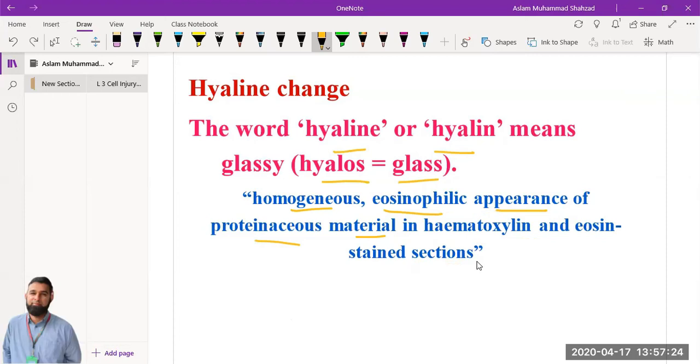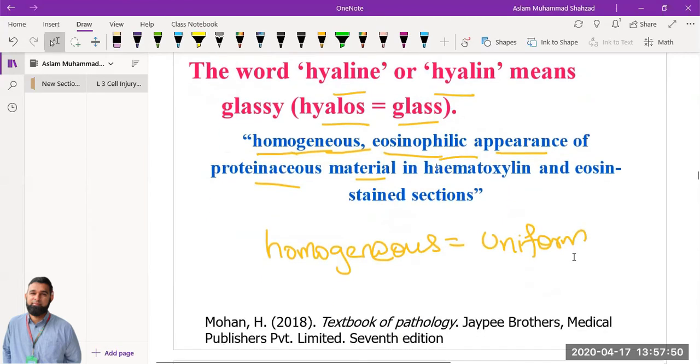If we see the definition again, we can divide it into subsections. One is that the characteristic of hyaline changes must be homogeneous, meaning uniform. Then the eosinophilic appearance.